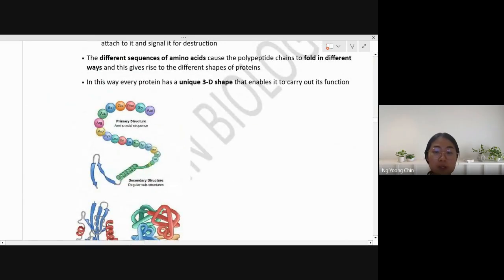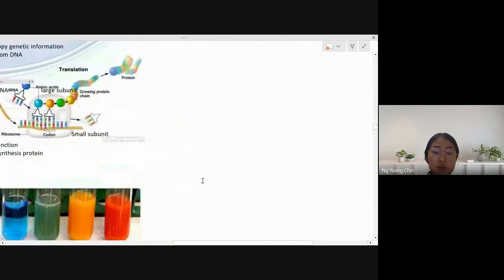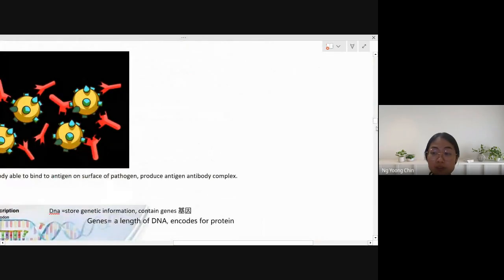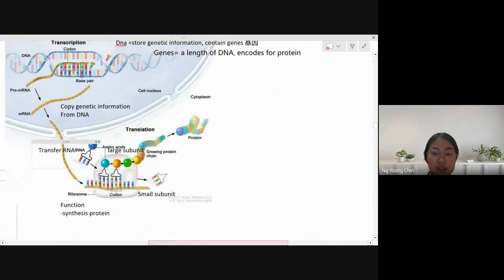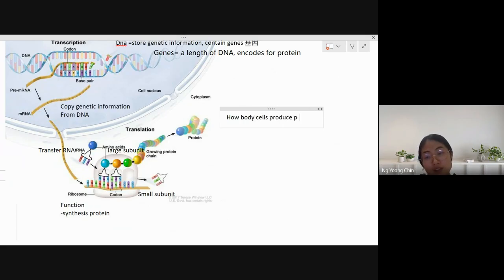So you just remember about this formula. I write it down. You can see how body cells produce protein. This is a kind of question that came out in the IGCSE exam before.